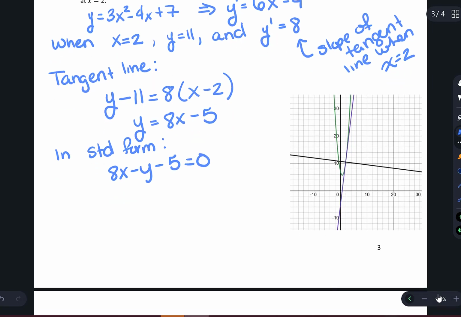Right, so next, to find the normal line is just the line that goes through the point but is perpendicular to the tangent line. And so remember, a perpendicular line, to find its slope, we're going to take the negative reciprocal. So to find the normal line, we actually do it the exact same way as the tangent line, except instead of the slope being 8, it's going to be negative 1 over 8.